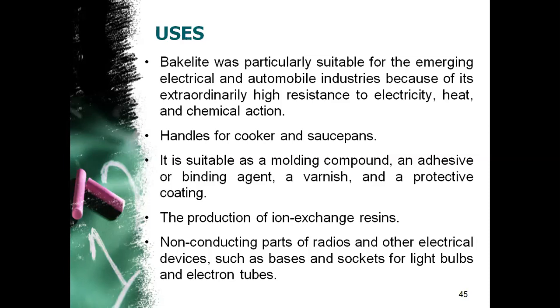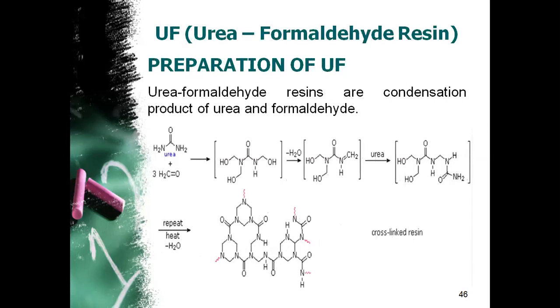It is also used for the production of ion exchange resins. It has various other electrical applications also, such as it can be used as a basis in sockets for light bulb and electron tubes.